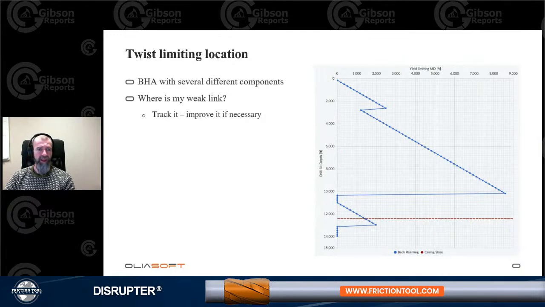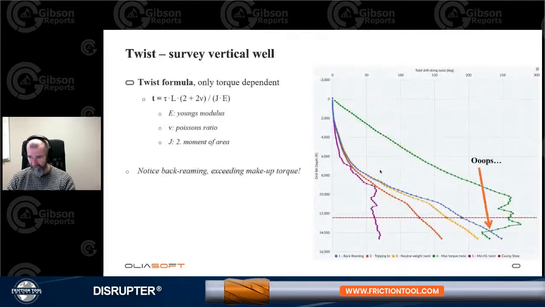So we could try to plot up the yield limiting depth. So the yield here is basically the makeup torque. What we saw on the previous plot is where we actually got higher than the makeup torque. It is located here at about 13,500 feet, I think.